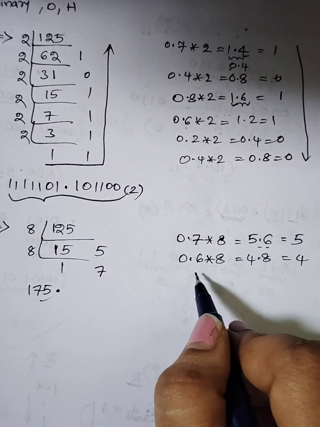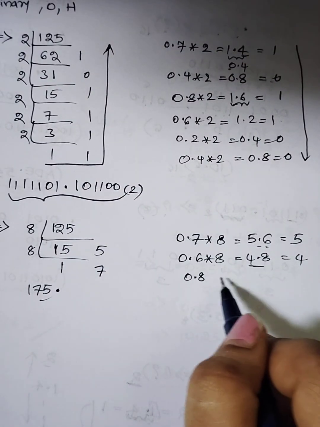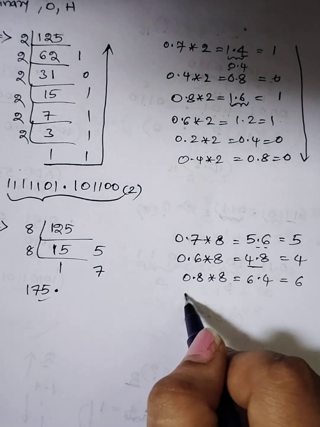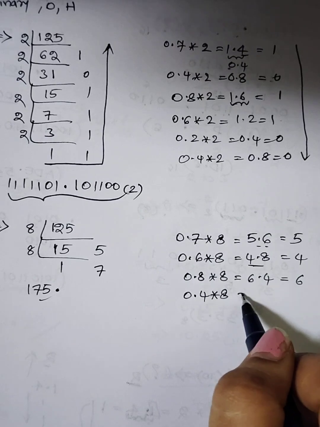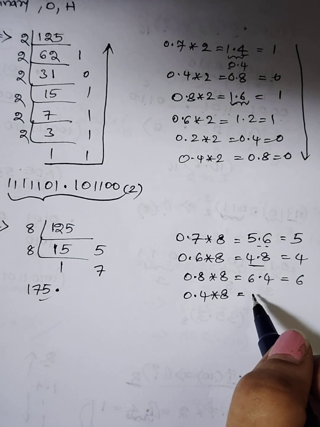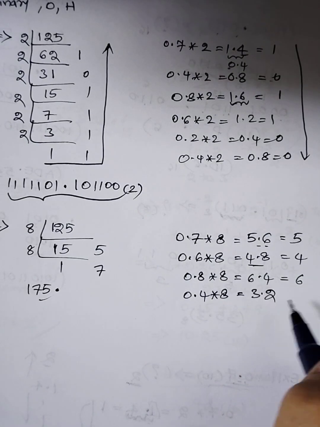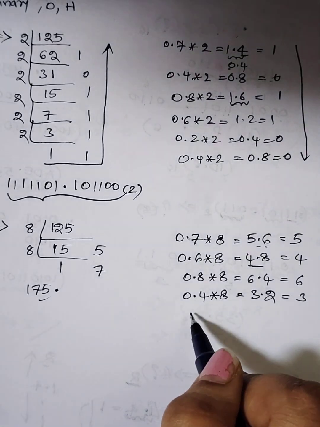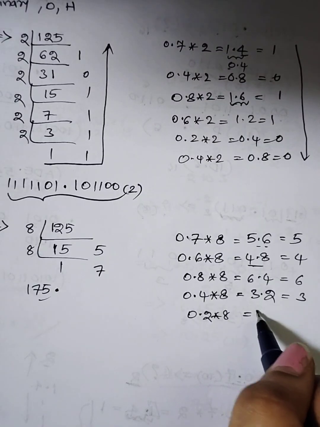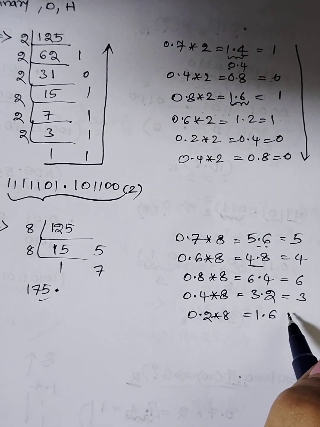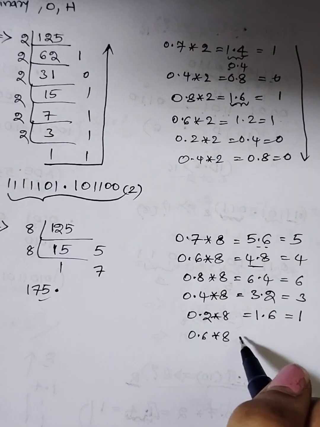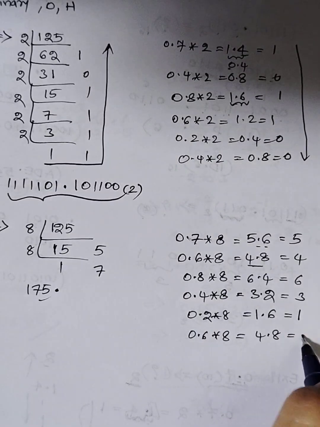And you need to consider this 0.8 for the next multiplication, that will be 6.4, floor value will be 6, and 0.4 into 8 will be 3.2, floor value will be 3, and 0.2 into 8 will be 1.6. Floor value is 1, again consider 0.6 into 8, again 4.8.